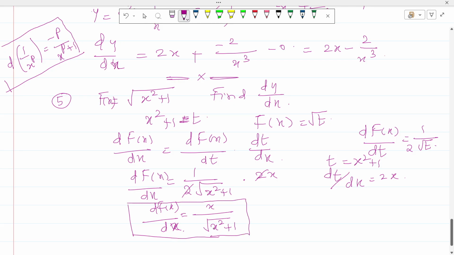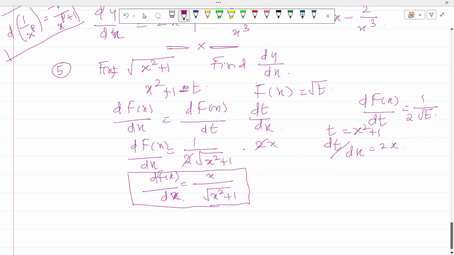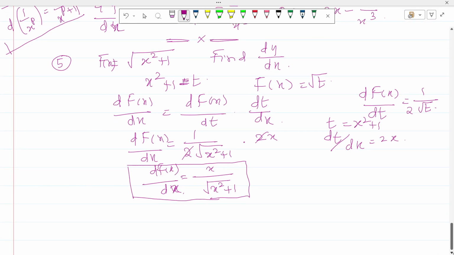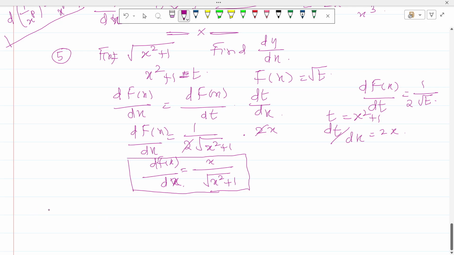Okay, now we go to that. Fine. One more problem in chain rule. First you should know the basics for your subject, that means functions of several variables.